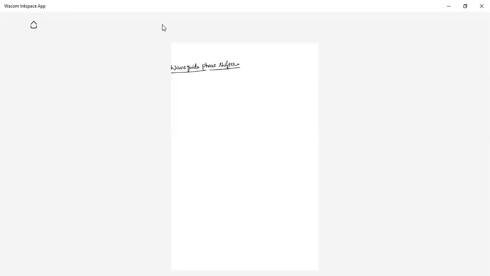Phase shifter has several applications, in phase discriminator. In antennas also we will use phase shift antennas. Beam forming antennas generally we'll call. In power dividers, we can use phased array antennas.